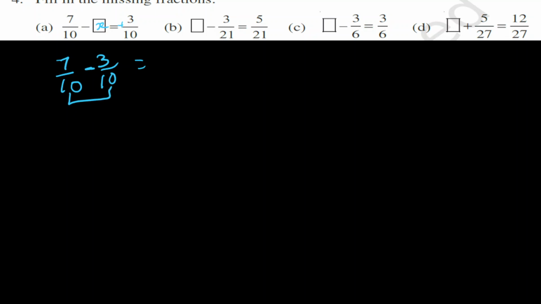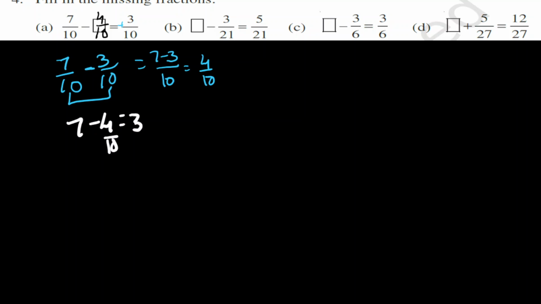These are like fractions. We can directly subtract the numerators and retain the common denominator. This is nothing but 4 by 10, and here you can write 4 by 10. And also you know that 7 minus 4 is equal to 3.